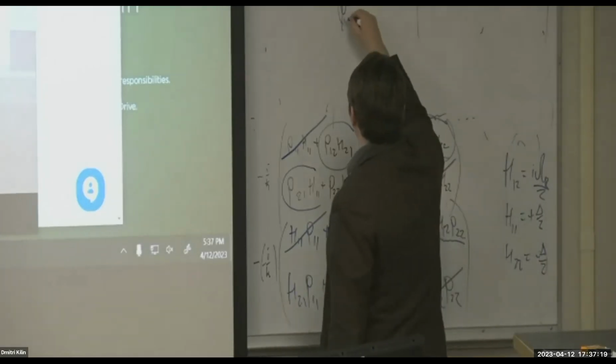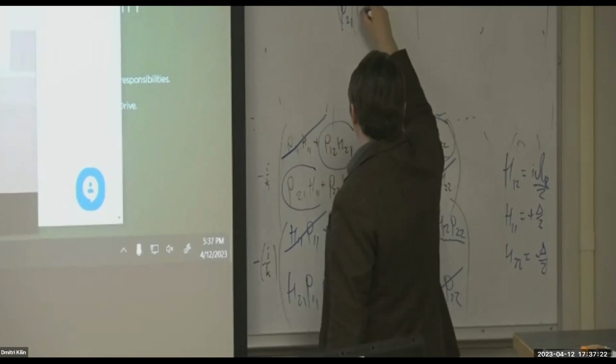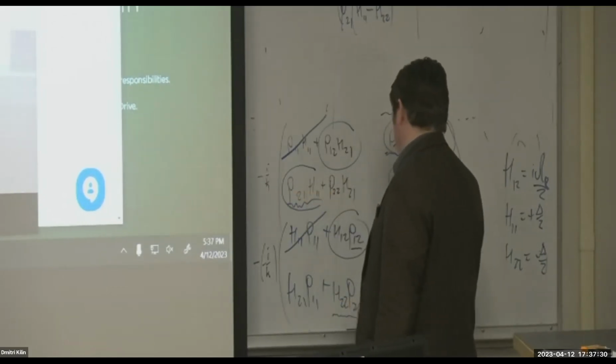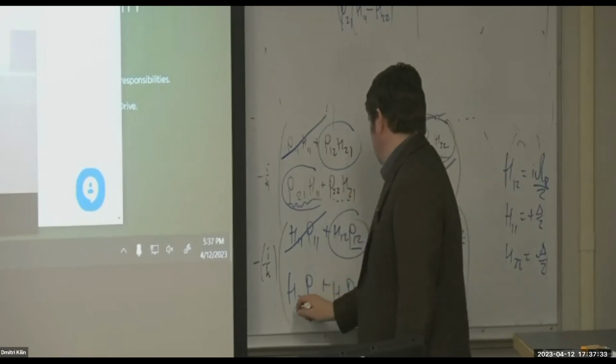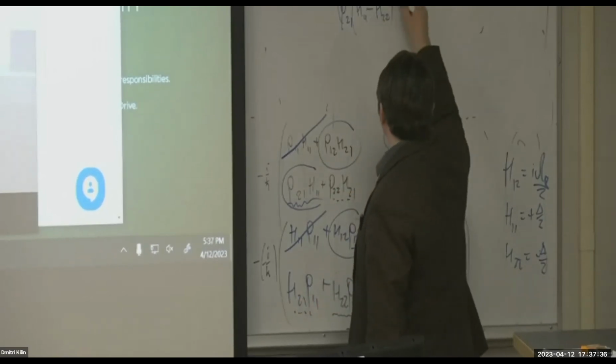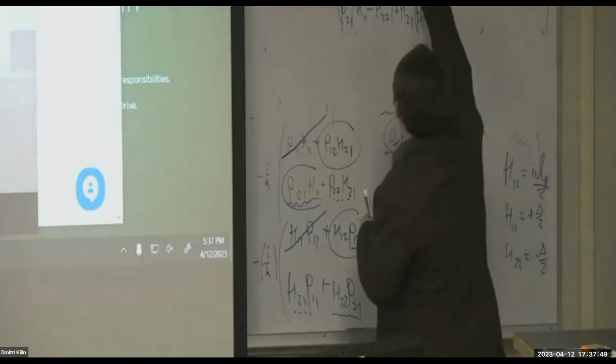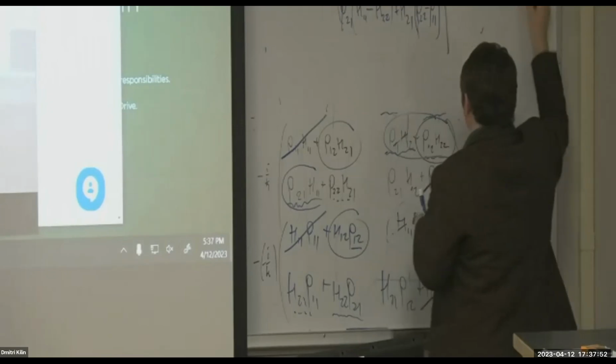Row 2, 1, H11 minus H22. So it was this element and this element. And then here plus H21, row 2 minus row 1. Okay. 75% done. And the last one.